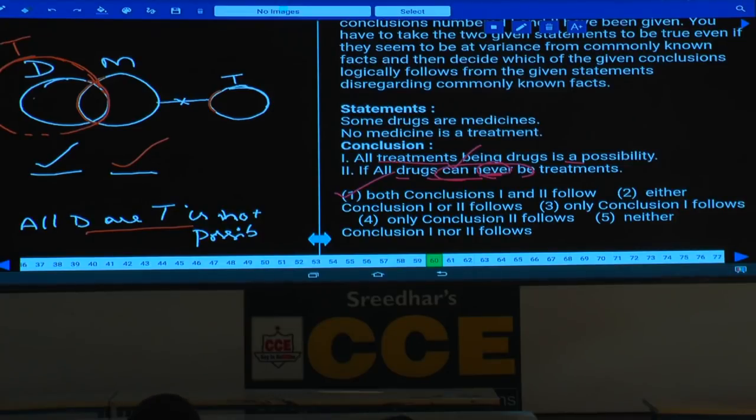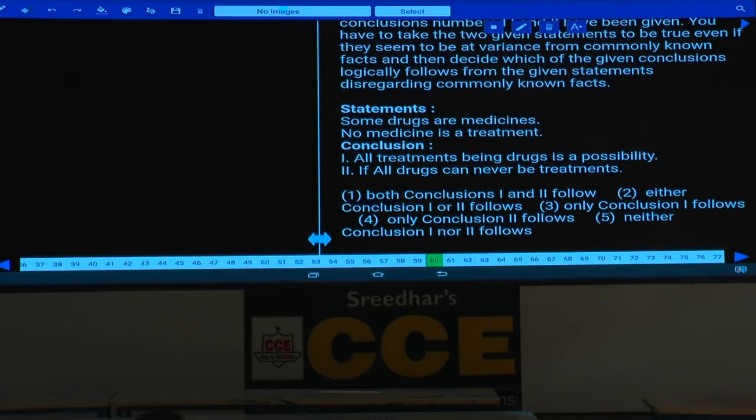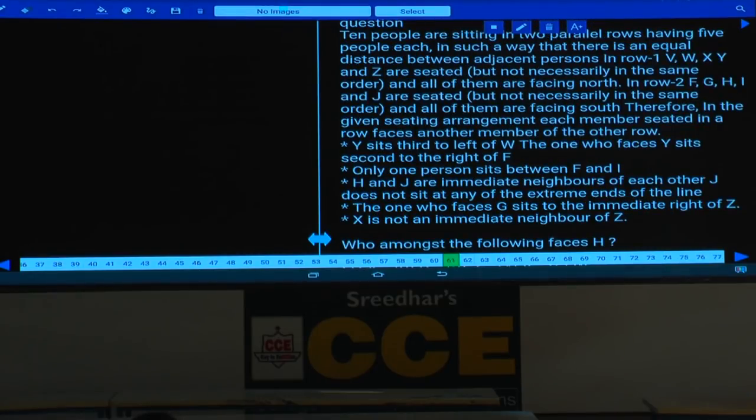Then 61 to 65. Now in this question number 61 to 65, what is there in this one? 10 people are seated in 2 parallel rows having 5 people each. 2 row arrangement: 1, 2, 3, 4, 5. Here also 1, 2, 3, 4, 5. Now tell me who are the persons facing north in row 1?